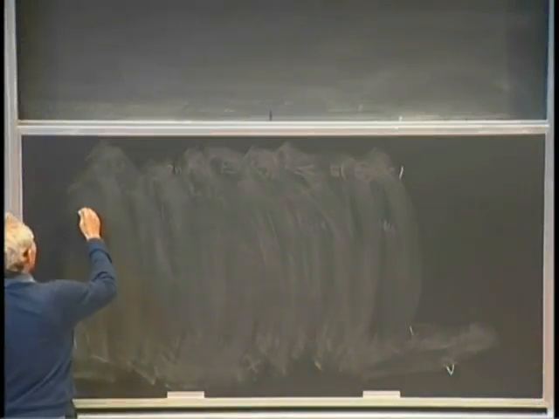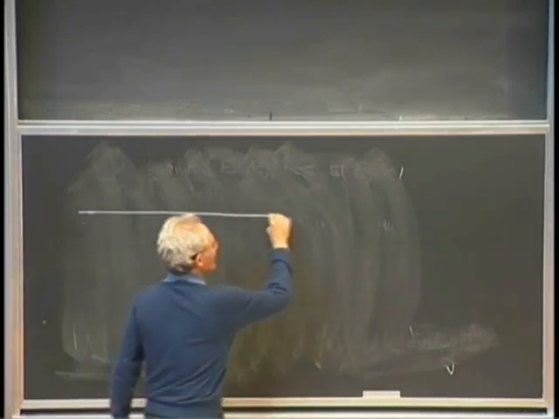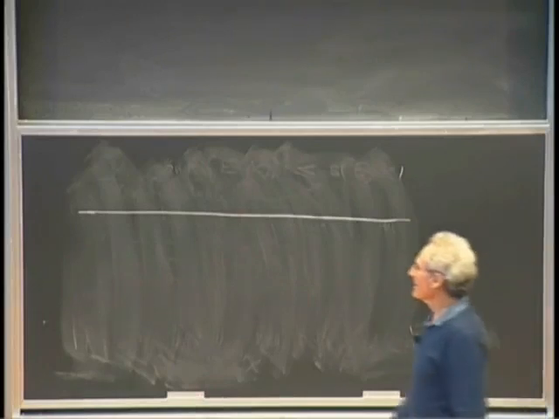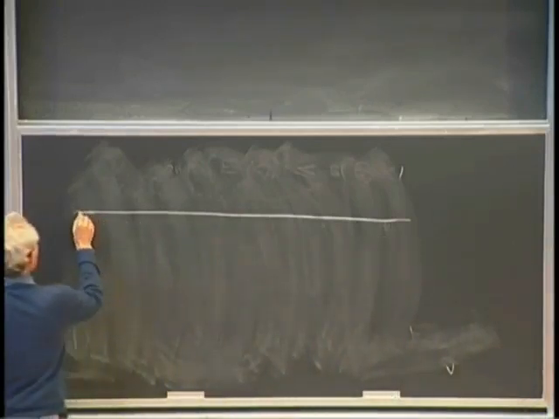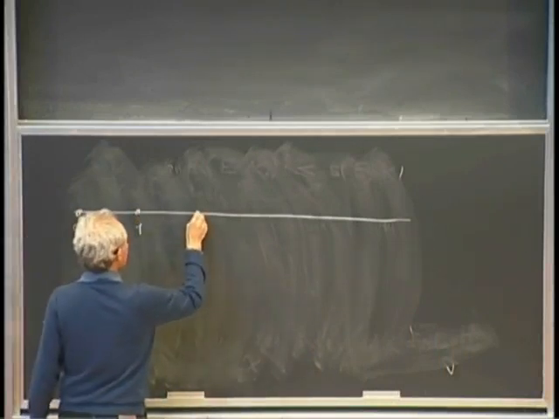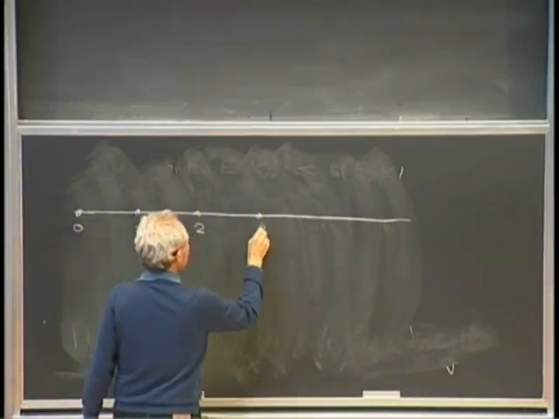I'm going to try to do the same, but don't go to sleep. Okay, so I have a line here, and I have stations. So this is the 0th station, this is the 1st station, this is the 2nd station, and so on, all the way.